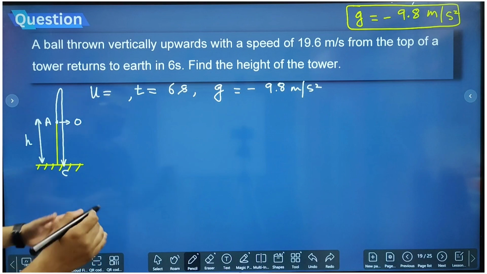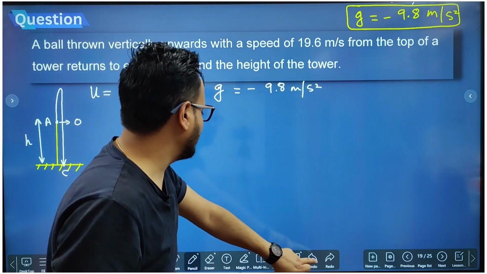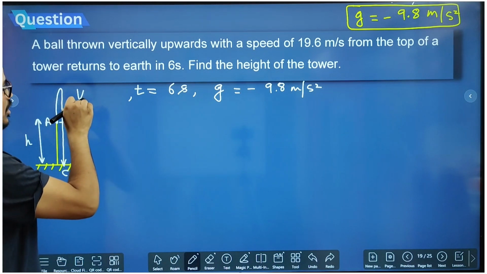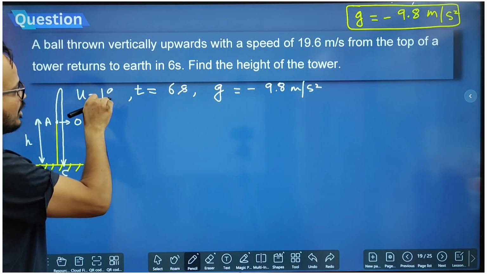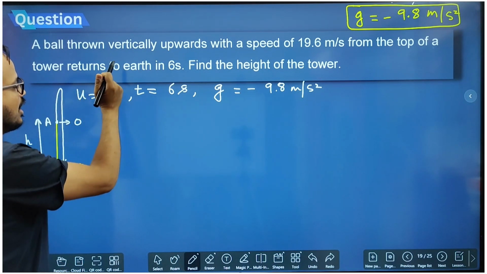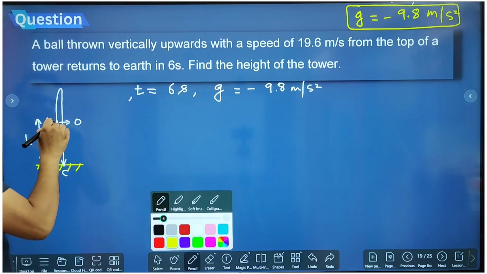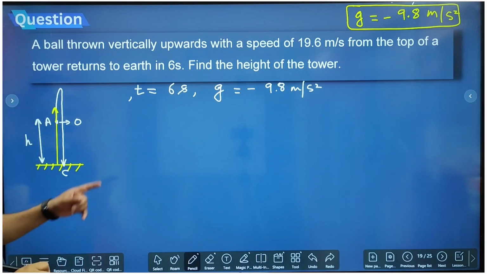U is not 0, sorry. Why would U be 0? U is 19.6 meter per second positive, because the direction of U was this, and time is scalar.